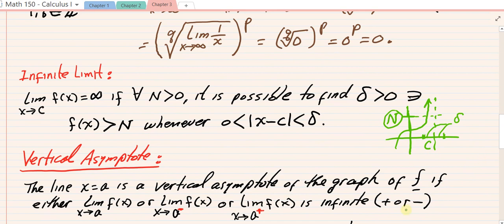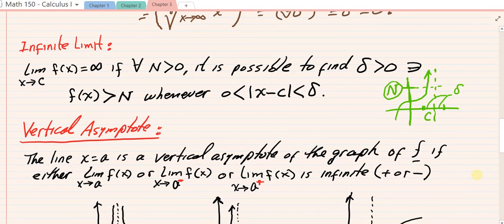So either the limit of the function as x approaches a is infinity, or x approaching a from the left, the function approaches infinity or negative infinity, or x approaches a from the right, the function approaches plus or minus infinity. In any one of those three cases, the line x equal a is called a vertical asymptote of the graph of the function.